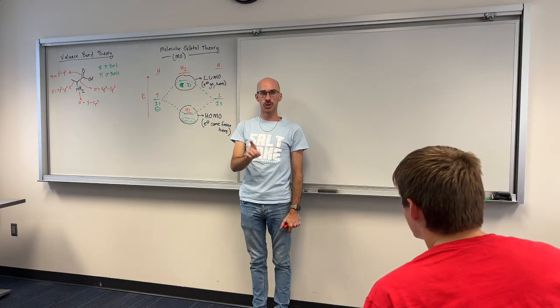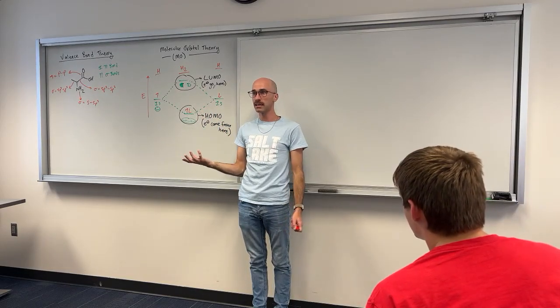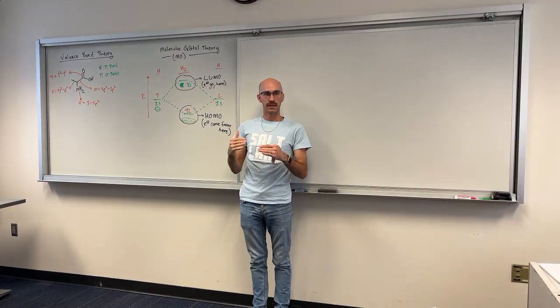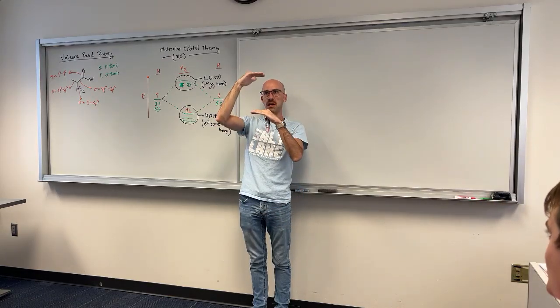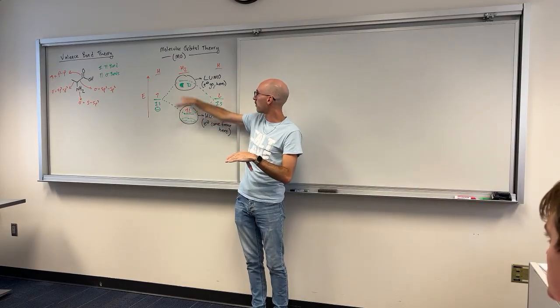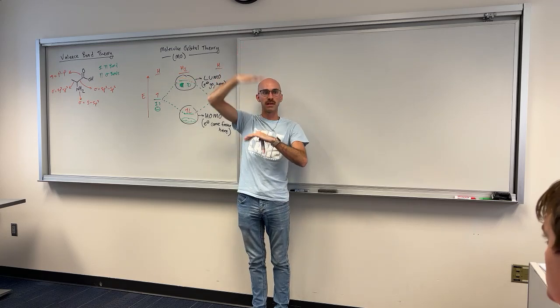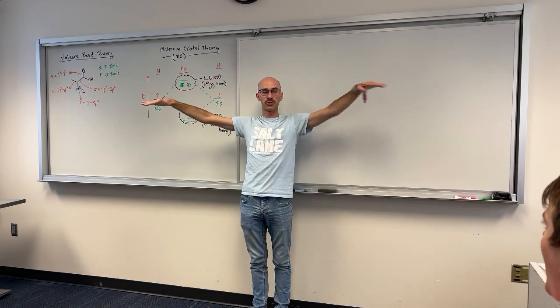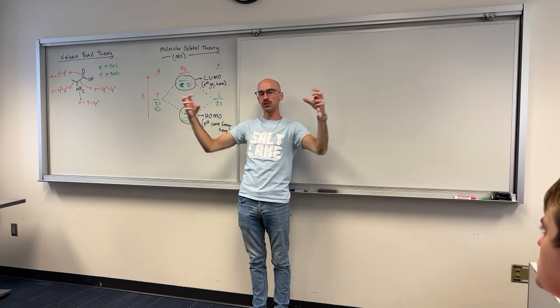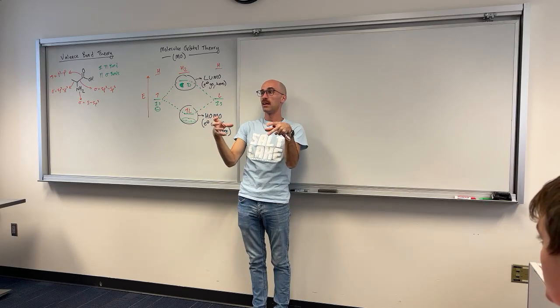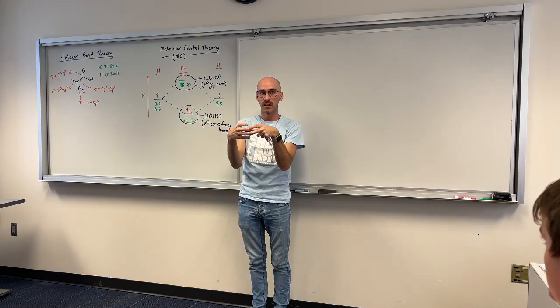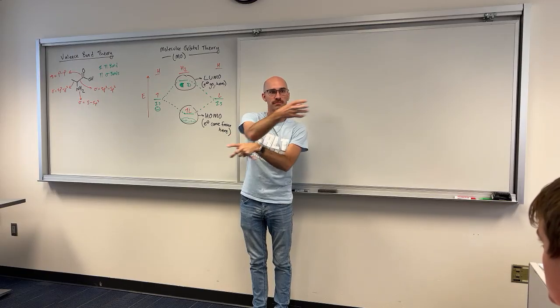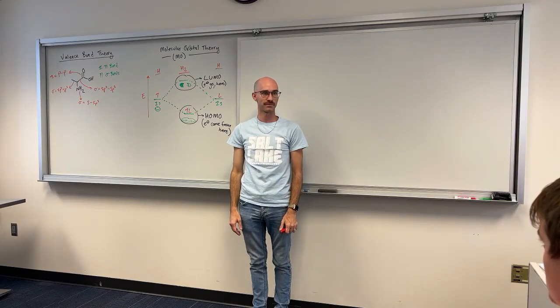But He2, diatomic helium, has filled the bottom and the top orbitals, which means the net cumulative energy is equal to being separate. If you could take two helium atoms and bond them together, they would not know that they are bonded, and they would just drift away.